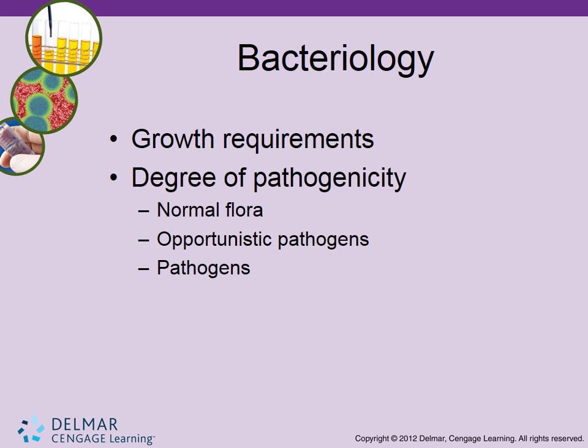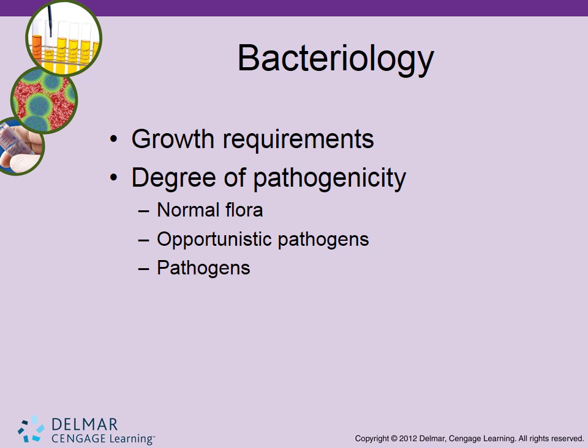Just some terminology you should be familiar with, and the first one is normal flora. That is a type of organism that inhabits the human body and is also present on the surface of inanimate objects or non-living materials. Pathogen means that it's able to cause an infection.